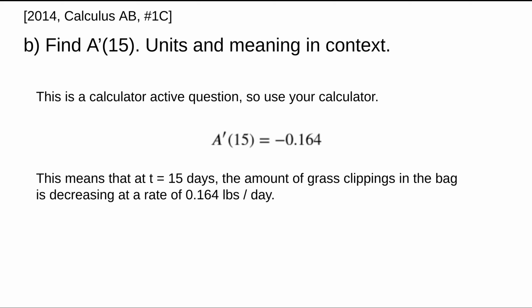The other one is if it's increasing, say it's increasing. If it's decreasing, say it's decreasing. And then always use the magnitude of the rate. So I've used decreasing here, but notice I've used a positive value for the rate of change, or the derivative. So that's decreasing at this rate, which would be one of the two correct ways to state it.